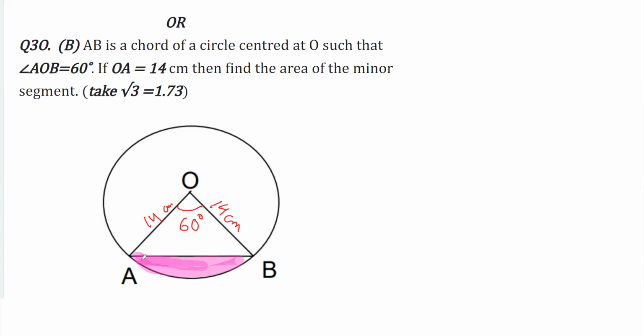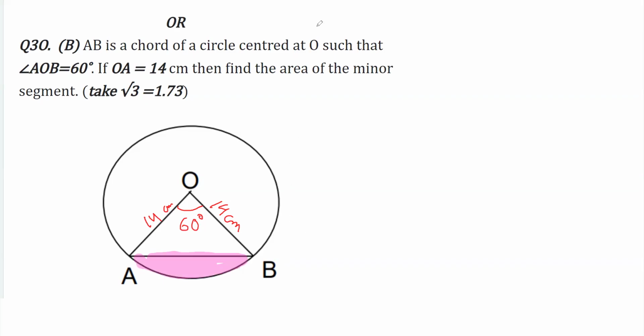Now, what you can observe here is, how do we get the area of this segment? From the area of this sector AOB, if you subtract the area of this triangle, we get the area of this segment.